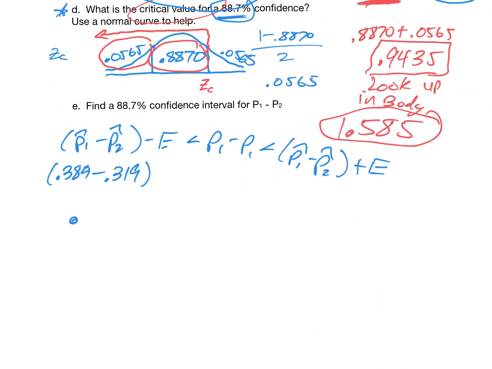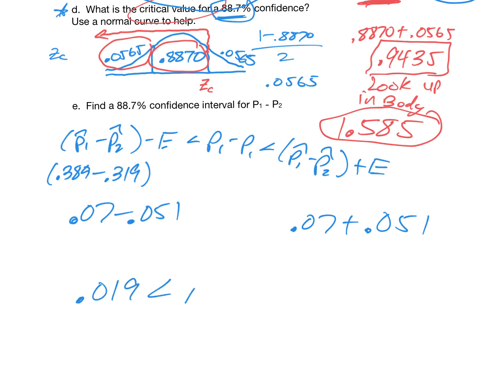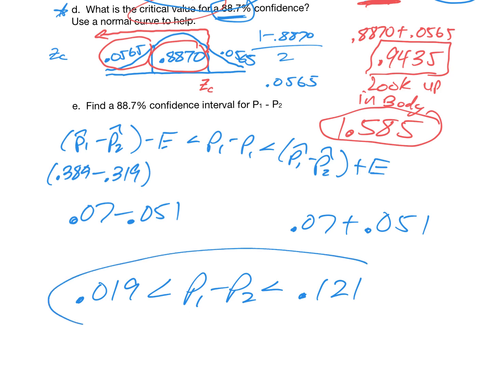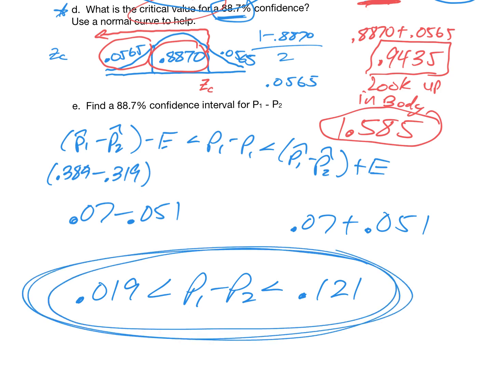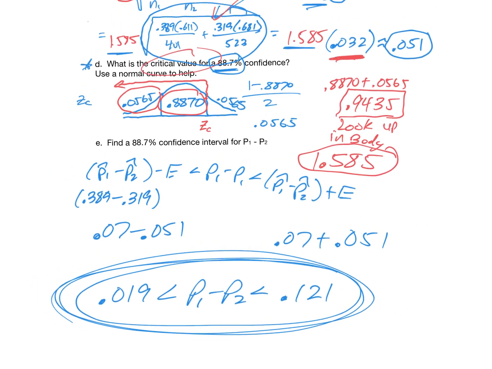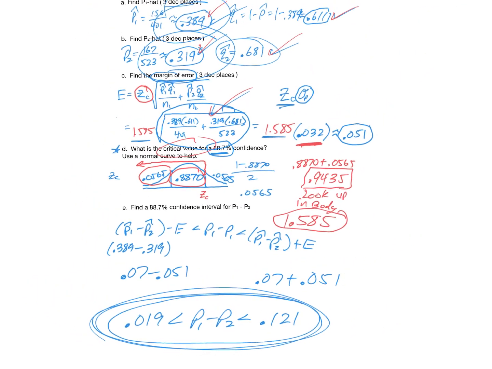So I subtract that and I get 0.07. We're going to subtract the 0.051 and we're going to add the 0.051. That gives 0.019 for P1 take away P2 and 0.121. And you are done. You have found the confidence interval.